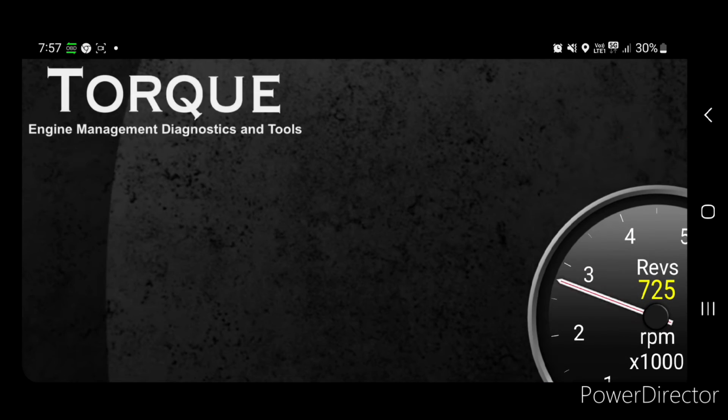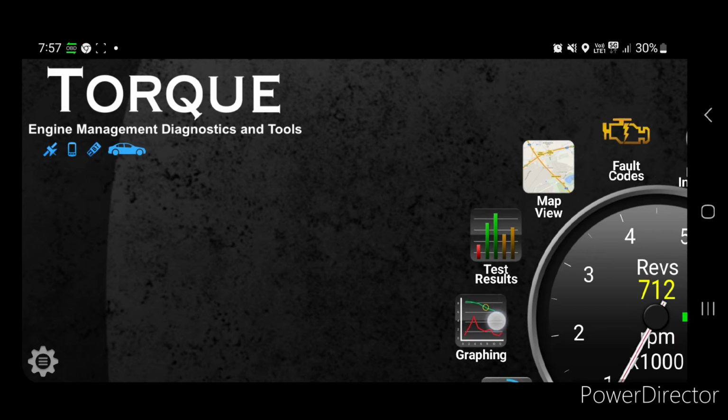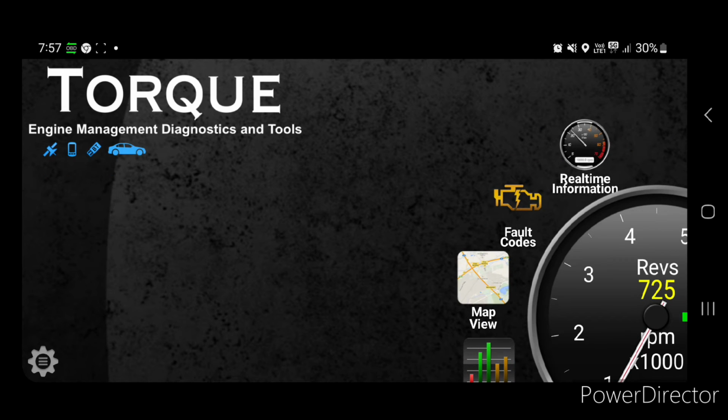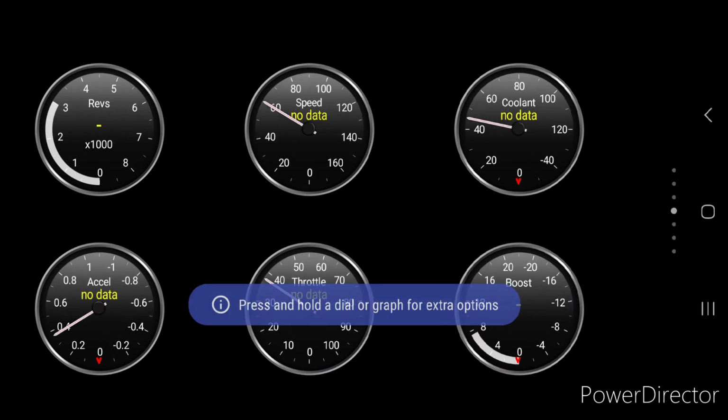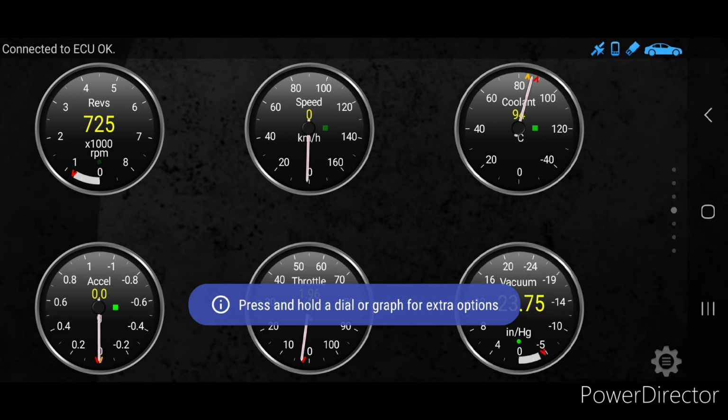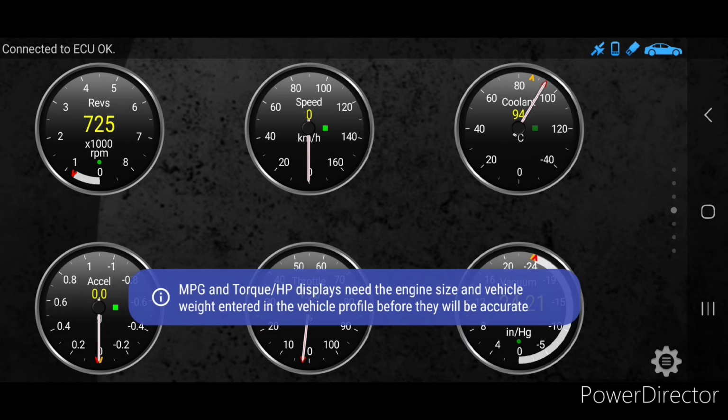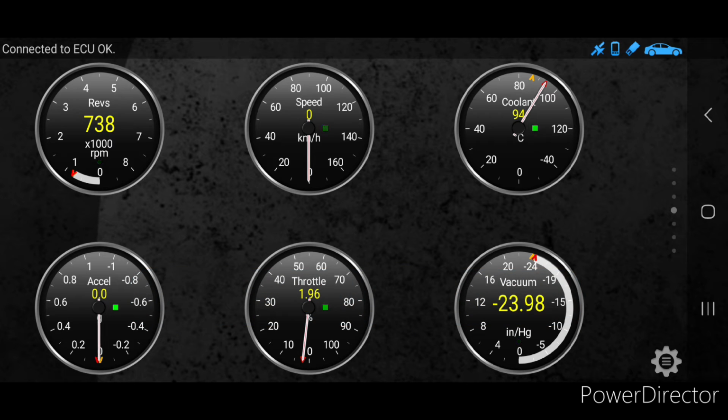So let's go back to the real time. We have speed, revs, coolant. Our temperature right now is 94. So we are now in almost normal operating temperature.